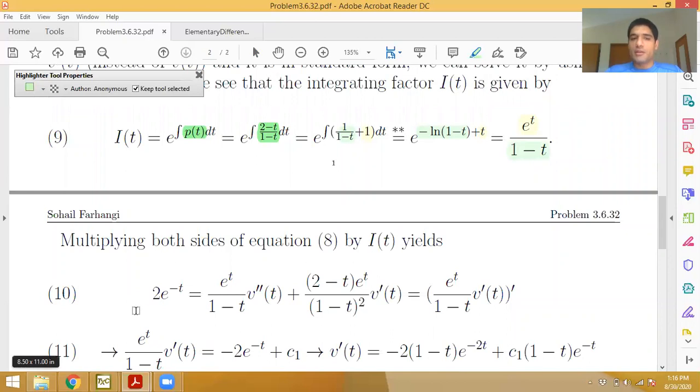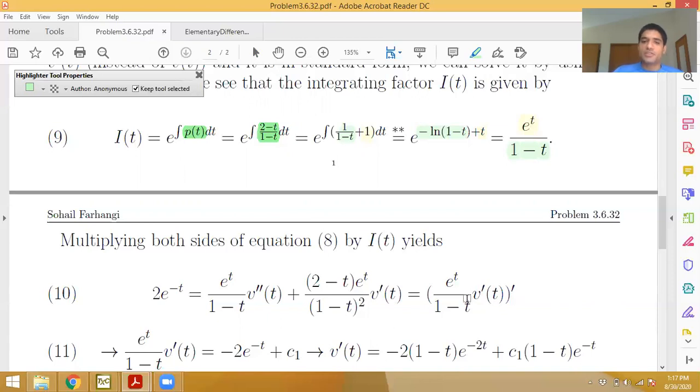And the result is going to be equation 10, that 2e to the minus t equals e to the t over 1 minus t, v prime prime, plus 2 minus t e to the t over 1 minus t squared, v prime. And this entire middle part is going to be equal to e to the t over 1 minus t times v prime of t, and then a derivative of that.